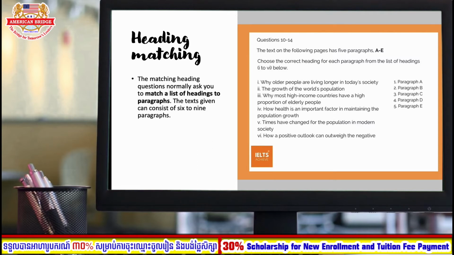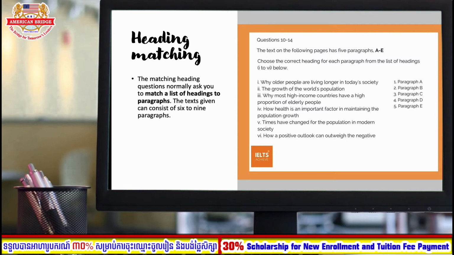So in the IELTS reading test or general reading exercise, there will be one section that will ask you to match the information or the title or the heading for each paragraph in the reading passage.